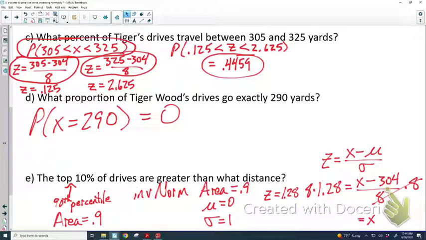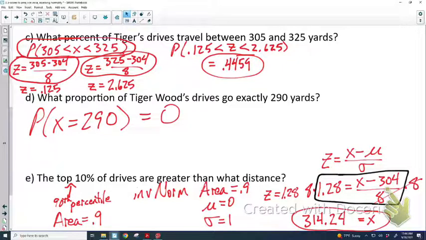And we end up with 314.24. All right, this one, I need to see, for work, this step right here and the answer.